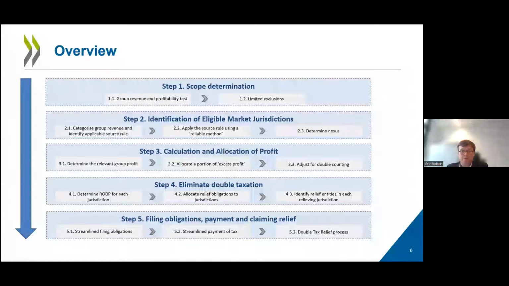You will also have, once all this is completed, the information allowing you to pay your amount A tax in the different relevant jurisdictions, and you will be able to do that in most cases from a single point, from a single entity within the multinational.